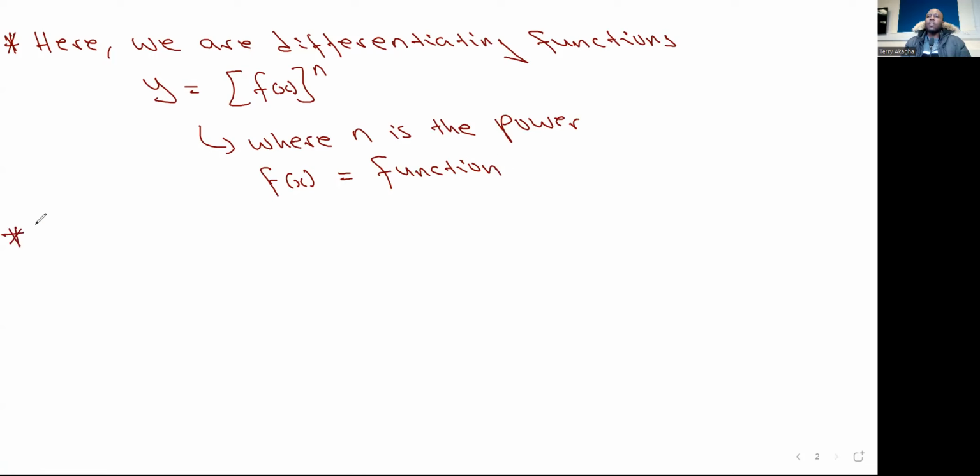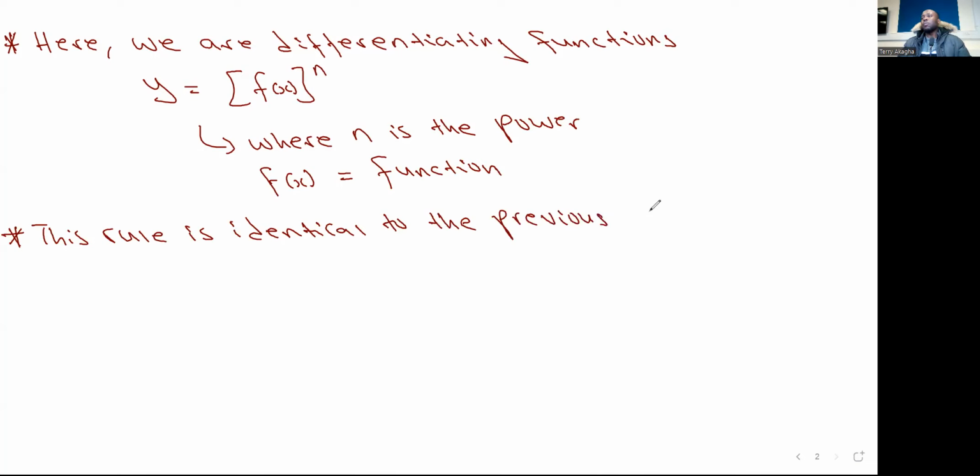And also, as I said, this rule is identical to the previous rule we discussed in the last video, where we talked about differentiating simple brackets. We've talked about this earlier.